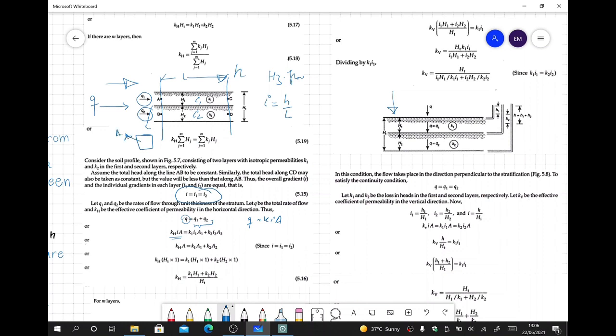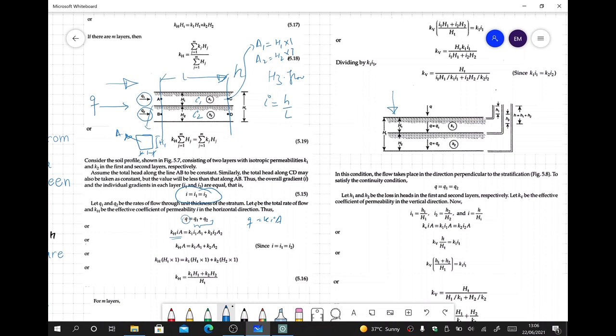Let's call this A. So thickness is H1, and we consider unit thickness, whatever unit, 1 meter, 1 feet, whatever unit you are going to use. So area is the cross-section in which the flow is happening, and that is perpendicular to the direction of flow. So in our case, the area for the first layer, A1, will be equal to H1 into 1, that is the thickness of the first layer, and A2 will be equal to H2 into 1, that is the thickness of the second layer.